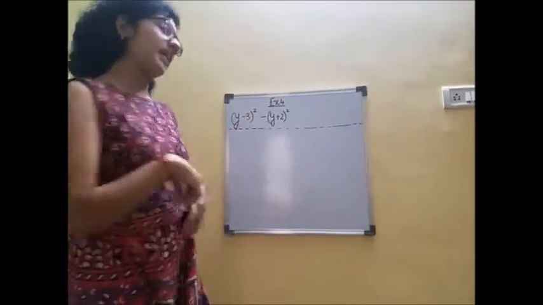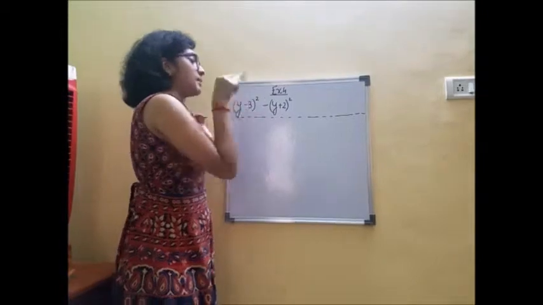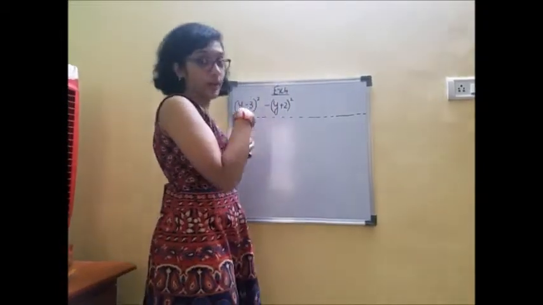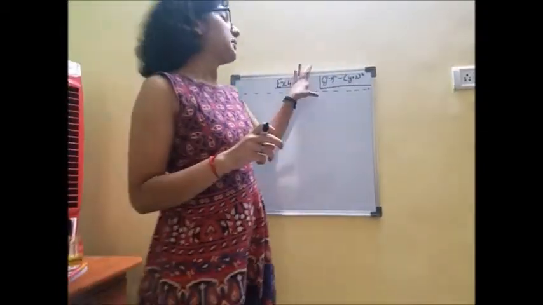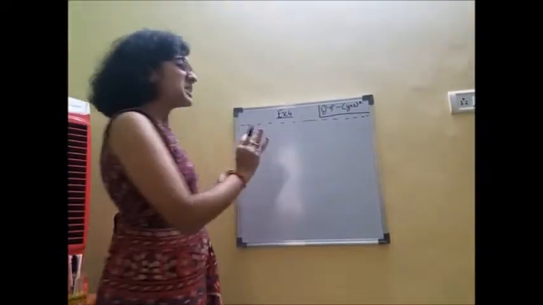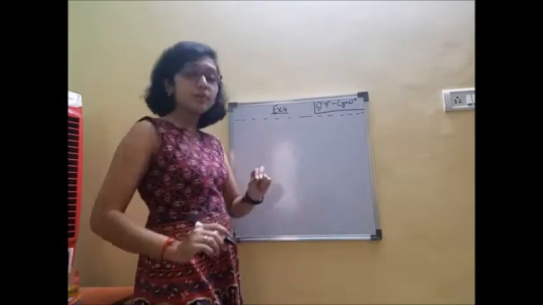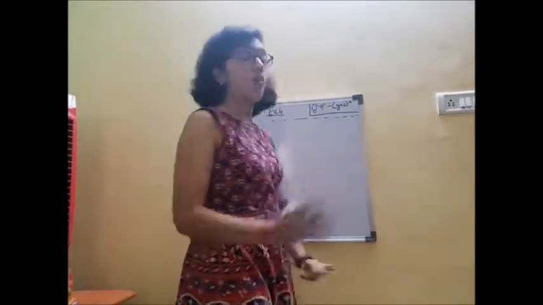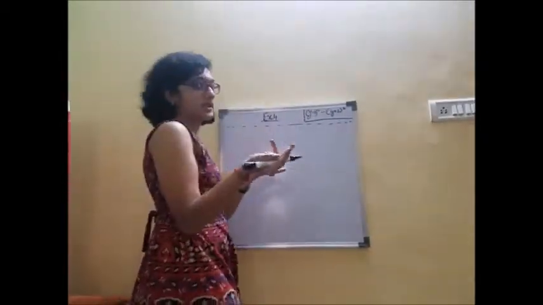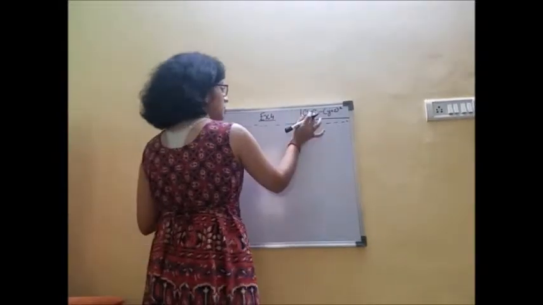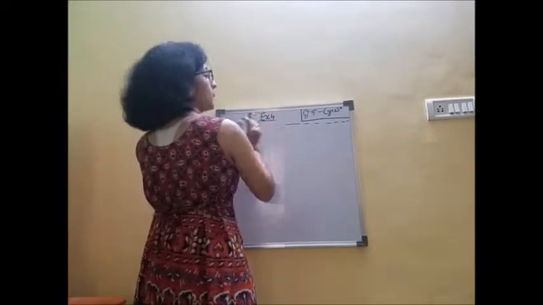So the fourth and final question is y minus 3 squared minus y plus 2 squared. I wrote the question smaller because we need a lot of space for this question. This question is not that hard, but a little bit of mistake would mess the whole thing up. It's just time consuming, in other words. So this one I'm going to expand.